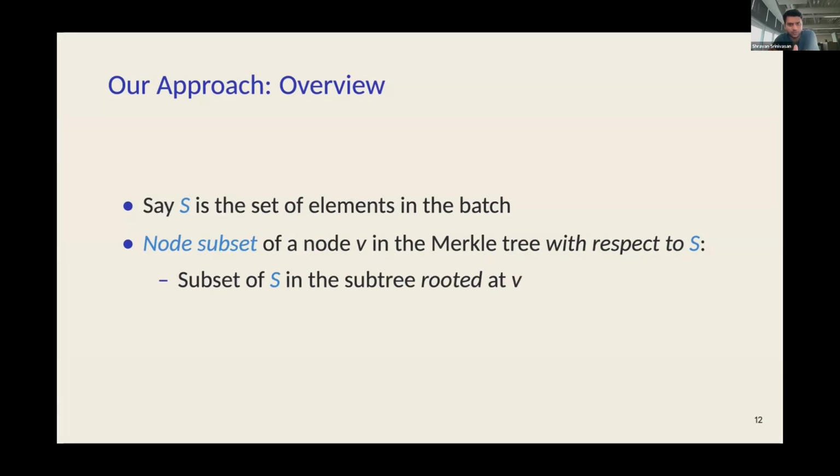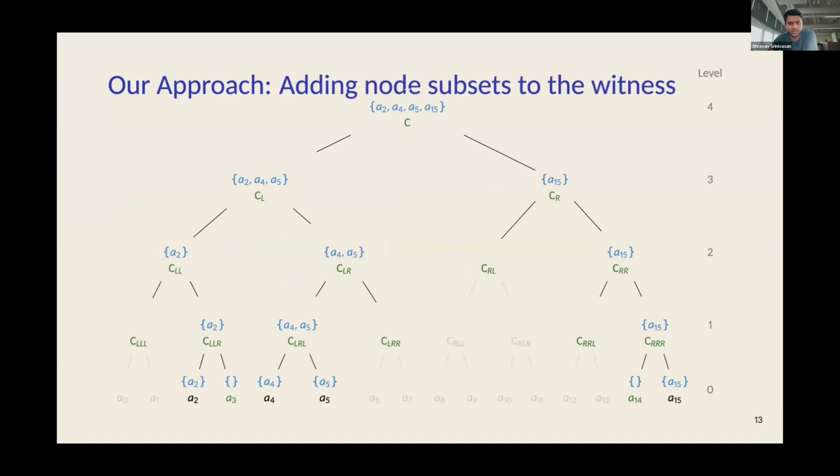At a high level, what node subset does is it gives each node a set of values, which are a subset of the set S, and the values in the subset are the ones present in that subtree. An obvious example is the root, whose node subset is the entire set S. To see this in more detail, consider this figure where the node subset of the root is A2, A4, A5, and A15, which are the elements inside the batch.